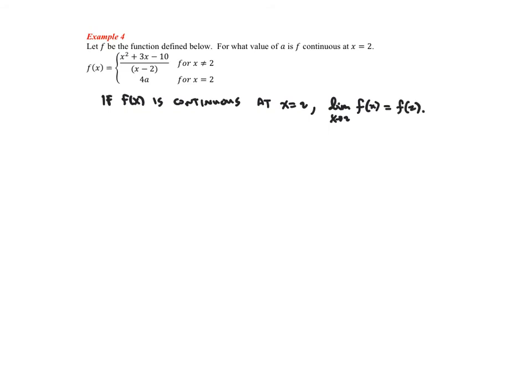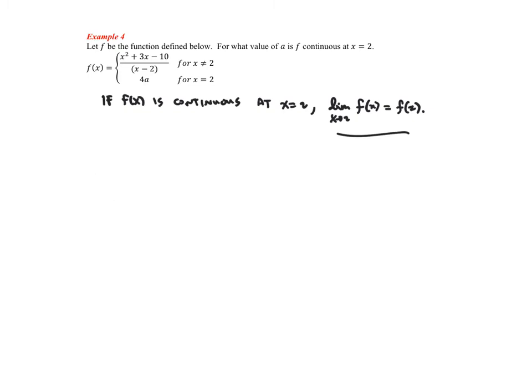Since the problem tells us that the function is continuous, we can assume the limit exists. We can assume that the output f of 2 exists, and therefore we're finding a value that makes this equation true.